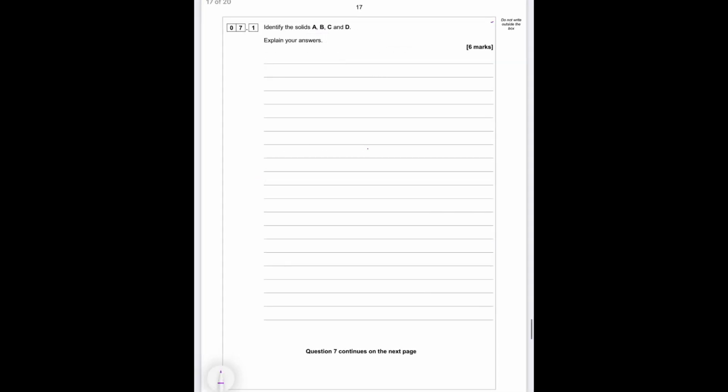So to try and figure out which one is which, we've got to use both sets of data from Table 2 and Table 3. Now, if we look at our results in Table 2, you can see that A, we are told that we have no solid left. B, we are told that there is no solid left. C, we are told that we have some solid that remains.